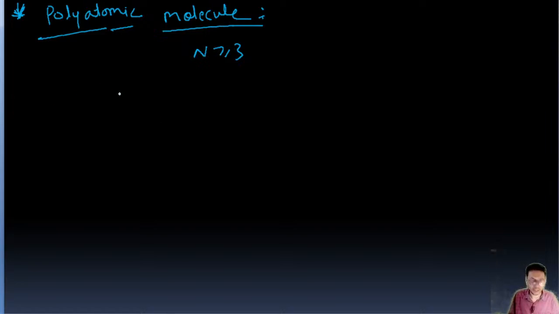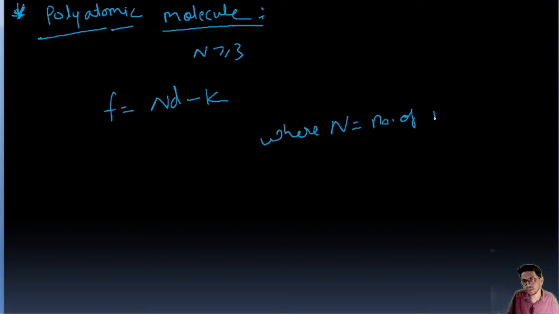For a polyatomic molecule where n is greater than 3, the formula is going to be Nd minus k, where n is the number of atoms and D is the dimension, guys.